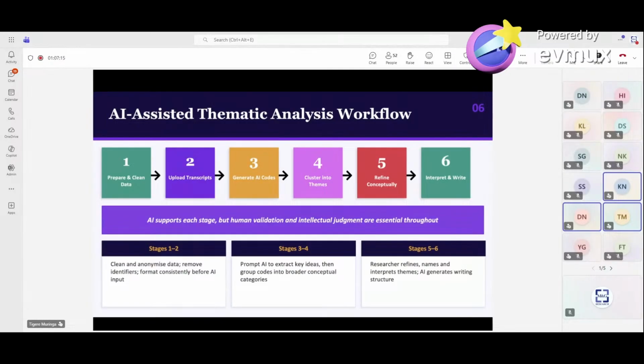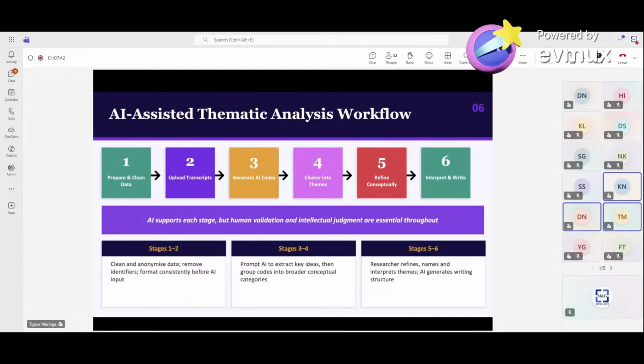You need to remove identifiers and format consistently before AI input, because if it is messy and problematic, the problem with AI is that it picks up the low hanging fruits. So some other words or commands or instructions and questions that might be hanging in your data might influence the pattern recognition or the final outcome.